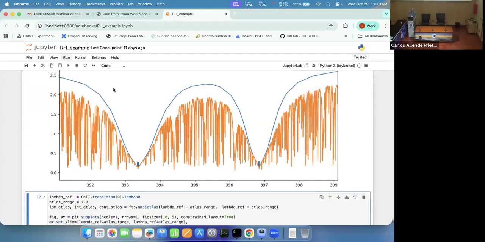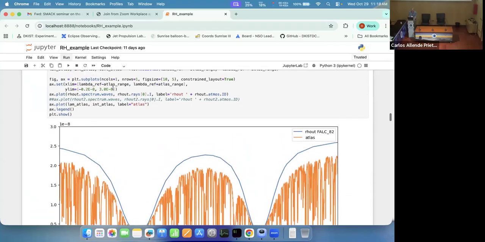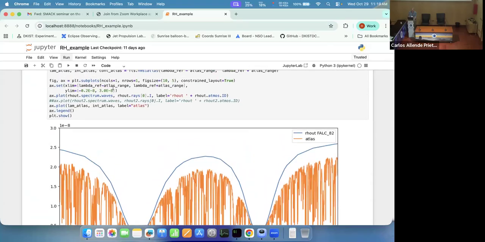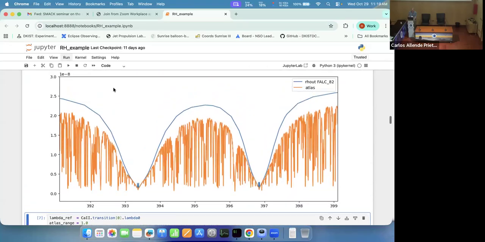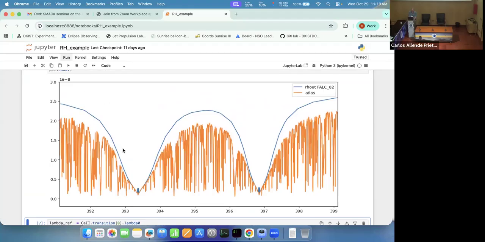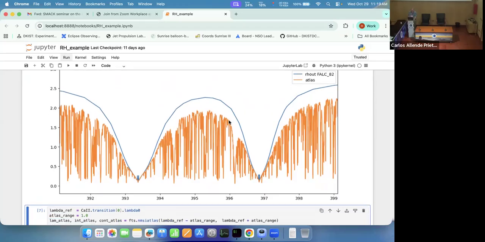Then if you wanted to compare, for instance, the intensity at disk center for the Val C with the atlas in absolute intensity, this is the plot. You see that in the core of the line, it's pretty good. There's definitely some missing opacity in the continuum for this shorter wavelength.